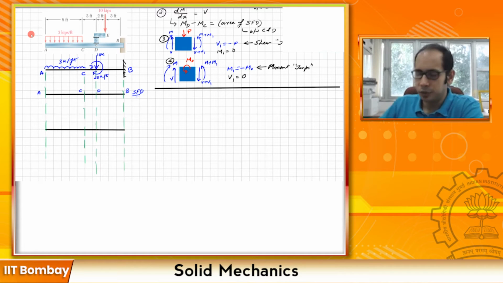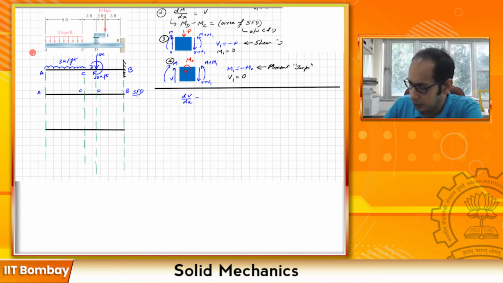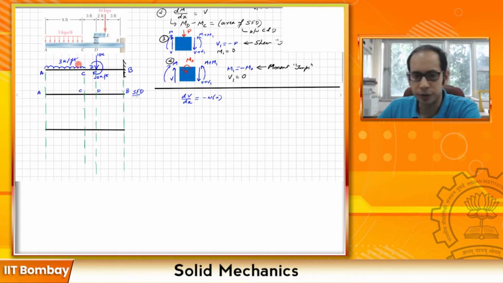So from A to C I have these 3 kip per foot. Let's write the relationship that we have: dV/dx equals minus w(x). Here it is a constant, so my w(x) is degree 0.